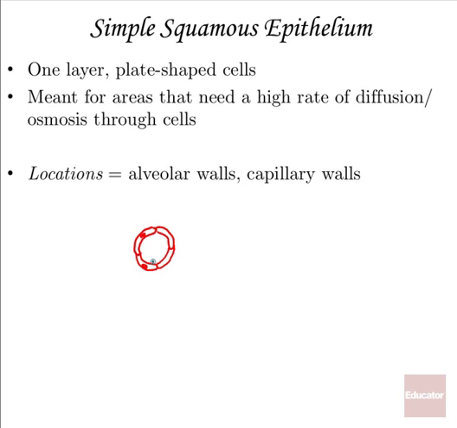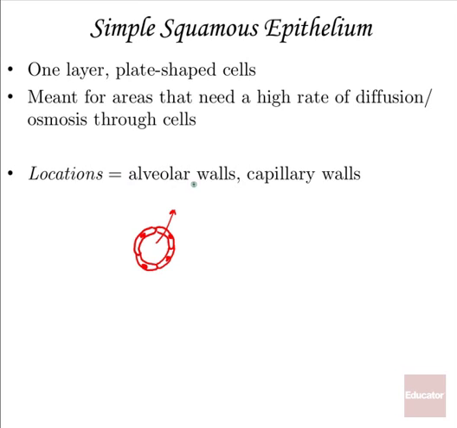So I'm also going to draw a little nucleus. And since it's one cell thick, what a capillary does is it gets oxygen to the tissues around it. So you get a very quick diffusion, passive natural movement of gases and nutrients out of the capillary into the tissue, and vice versa with CO2 and waste, and you'll take those back to the lungs so you can breathe out the CO2 molecules. So having one cell thick, great for quick diffusion and osmosis.